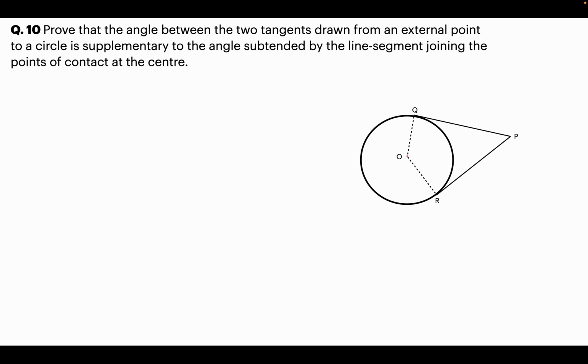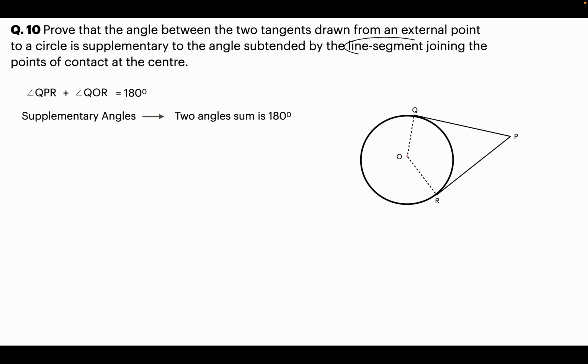So the angle subtended by these lines is angle QOR. The question says the sum of angle QPR, that is this angle, and angle QOR, that is this angle, should be 180 degrees. Why? Because the question says these angles are supplementary, and supplementary angles add up to 180 degrees. That means their sum is 180 degrees.